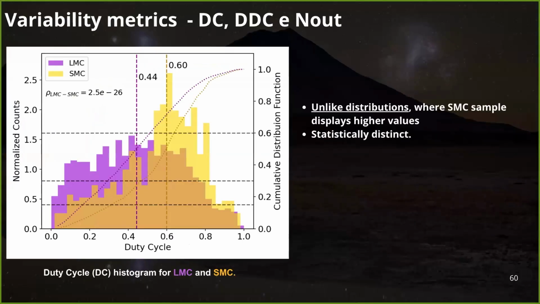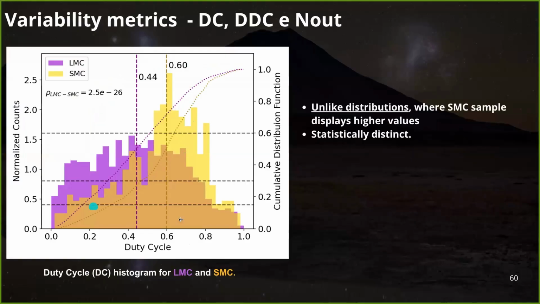Well, here another important contribution is to find that the duty cycle, or the amount of the time those stars spend losing mass, is larger for SMC stars than LMC ones, by a factor of 1.5 or less.